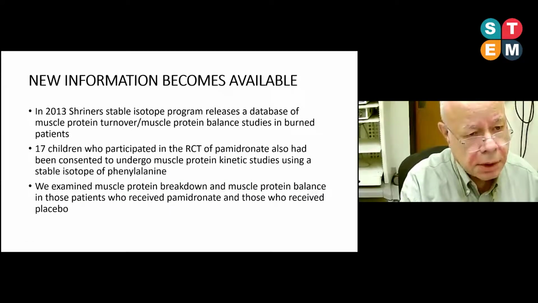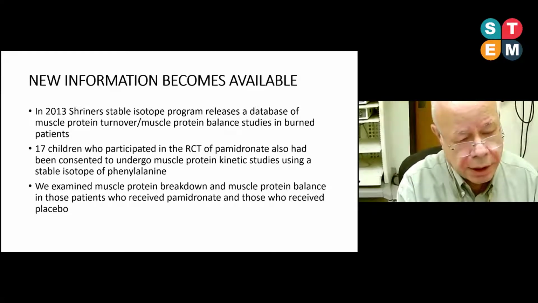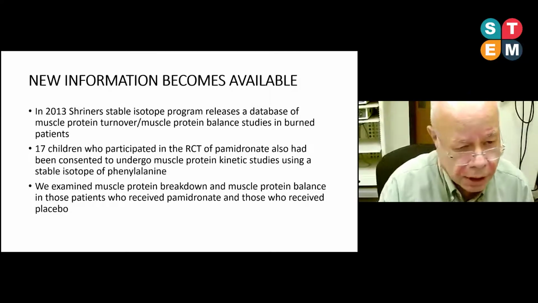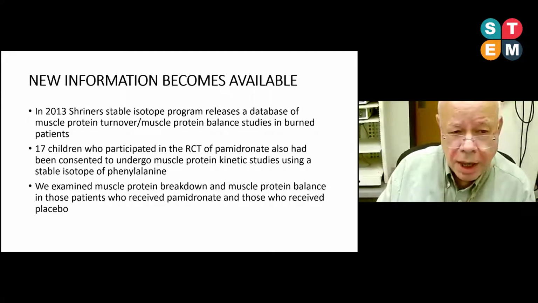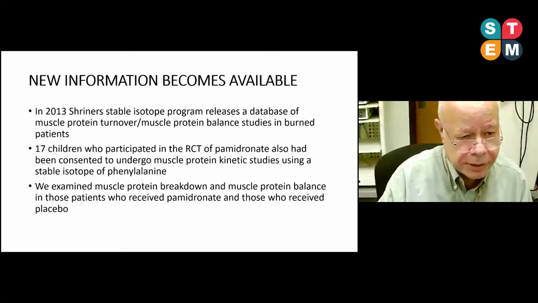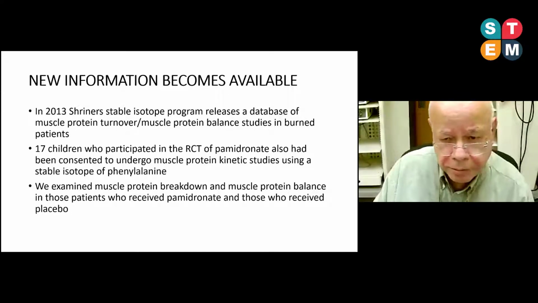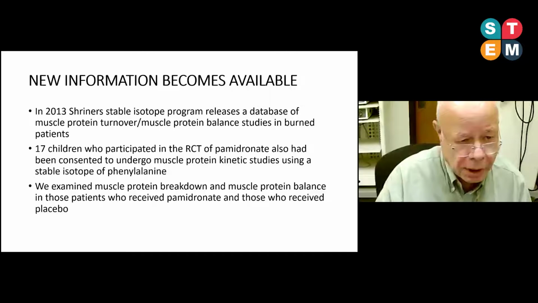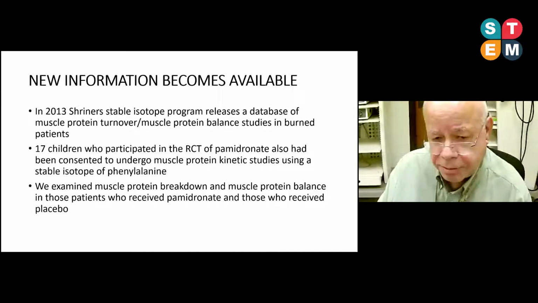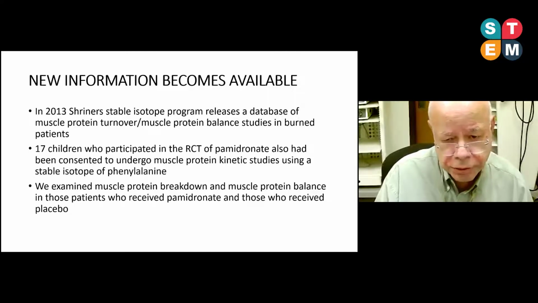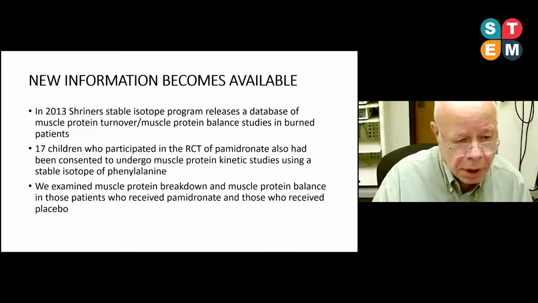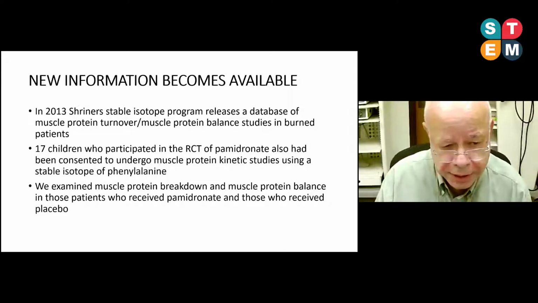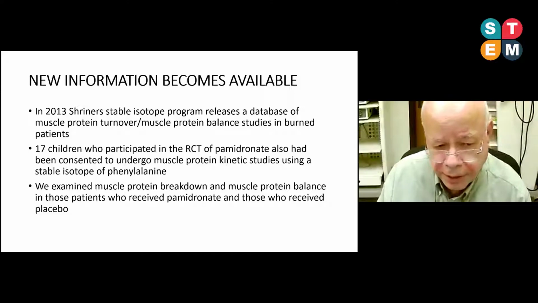So in 2013, the Shriners Hospital, which was where all the burn patients were cared for, had revealed a database for their muscle protein balance studies in burn patients. 17 children who participated in the randomized controlled trial of pamidronate also had been consented to undergo muscle protein kinetic studies using a stable isotope of phenylalanine.